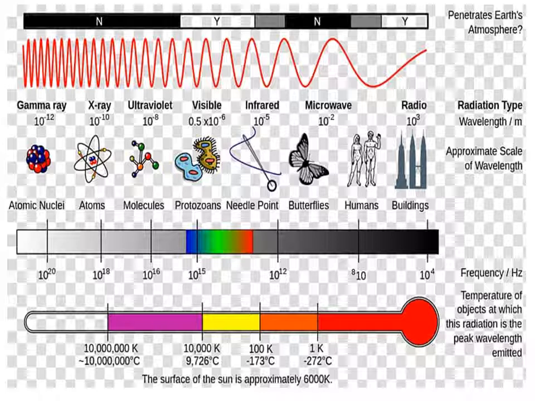As you noticed, on the frequency per hertz, we have the temperature of objects at which this radiation is the peak wavelength emitted. Does it penetrate Earth's atmosphere?